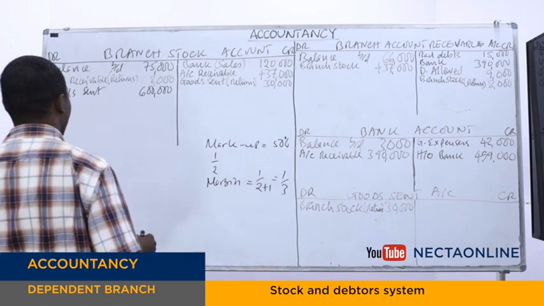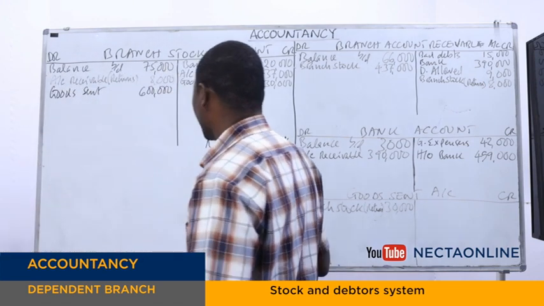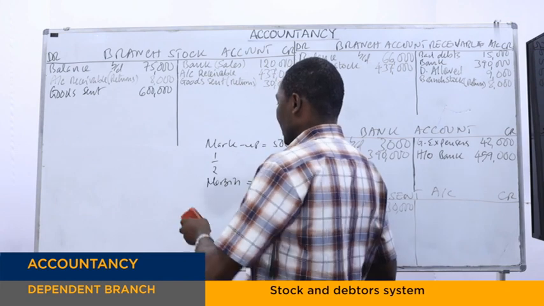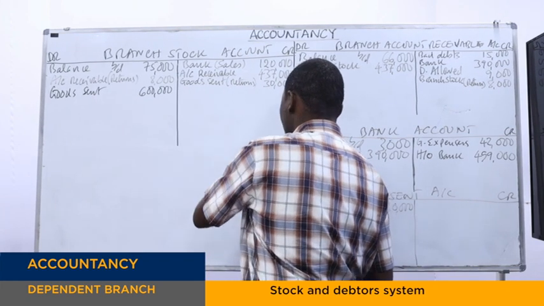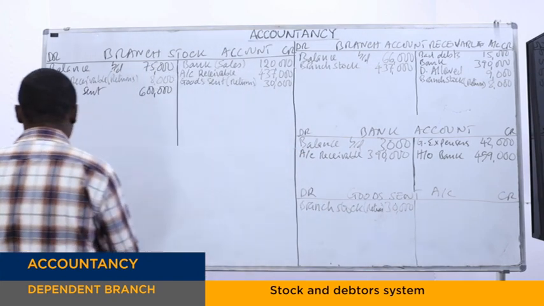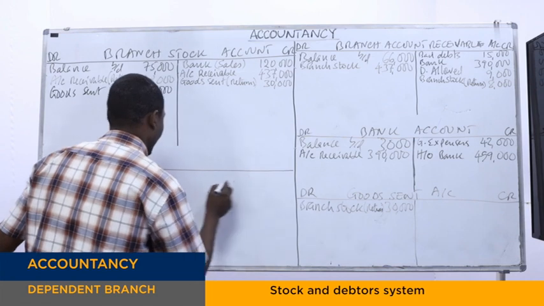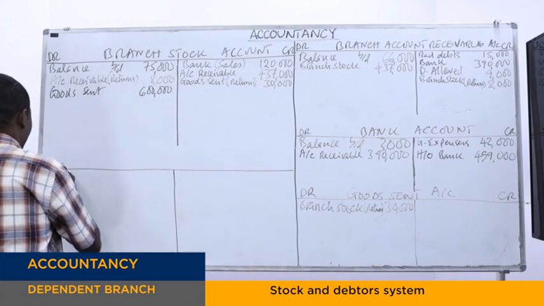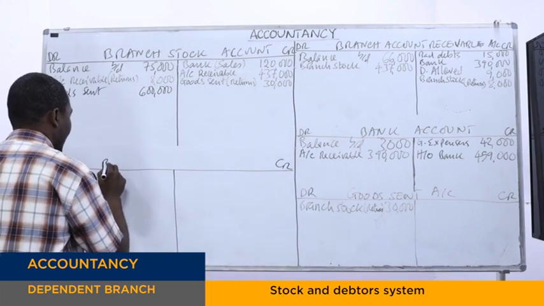We adjust it and record it to the branch adjustment account. Let us open the branch adjustment account here. Debit, credit.